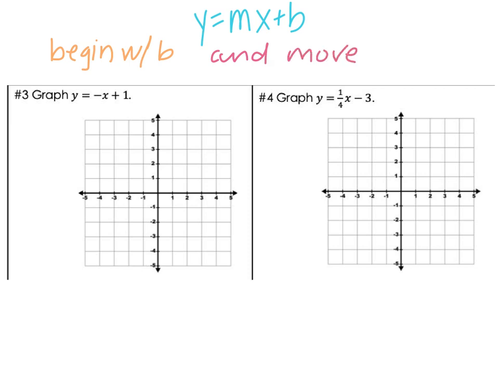So first identify your slope and y-intercept. Here we have negative x, which really means there's an imaginary negative 1, so our m is negative 1, and then our b is positive 1.